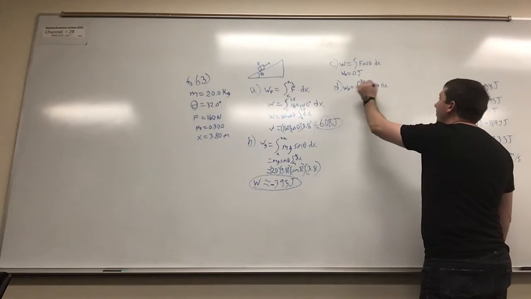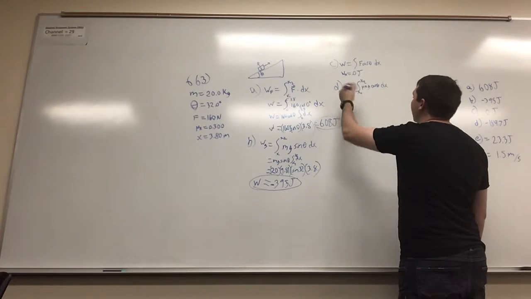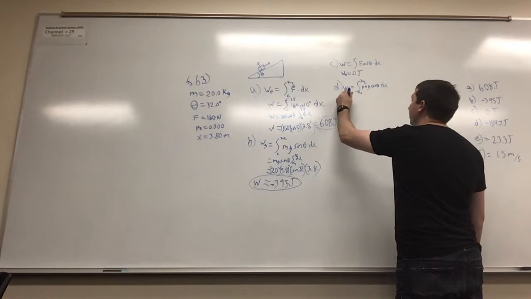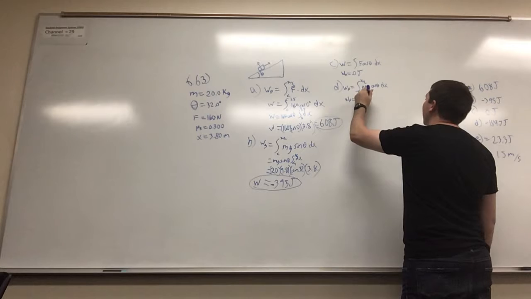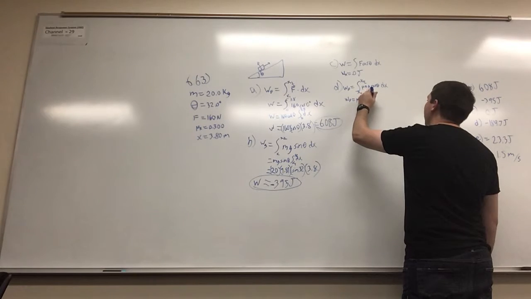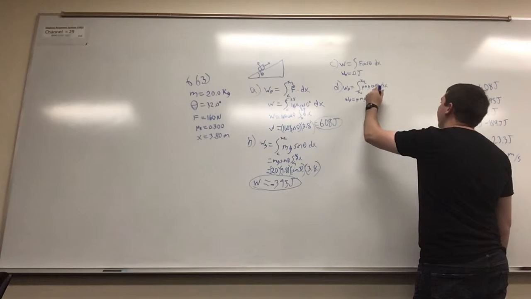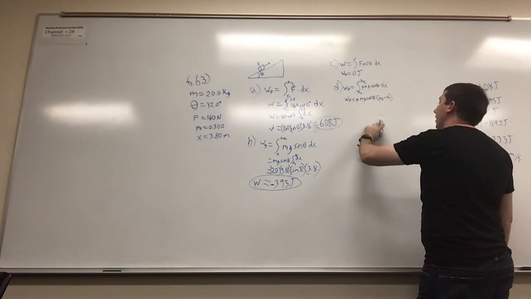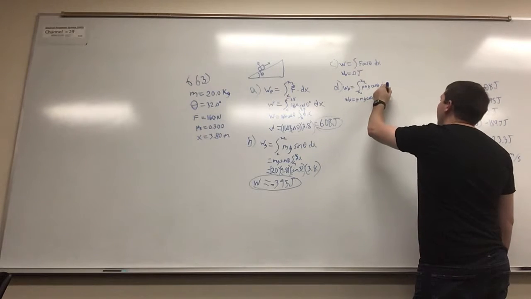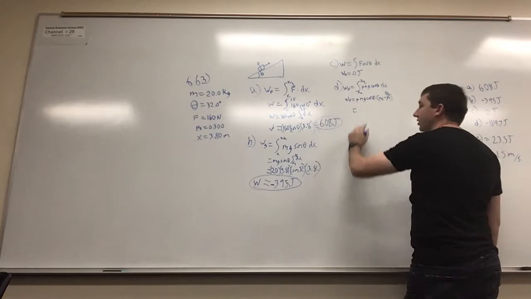So then all of these are constants with respect to x, and so they can come out of the integral. So the work of friction is going to be equal to mu times m times g times cosine of the angle, and then you would have x2 minus x1, but x1 is 0, so that's taken out, and we plug everything in.